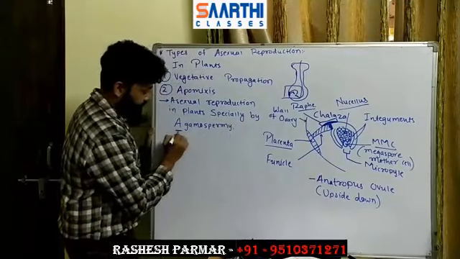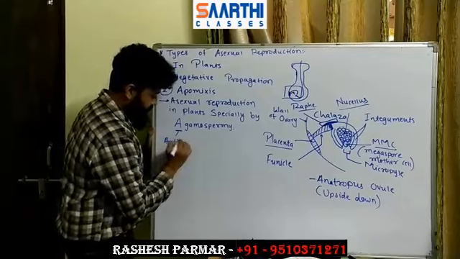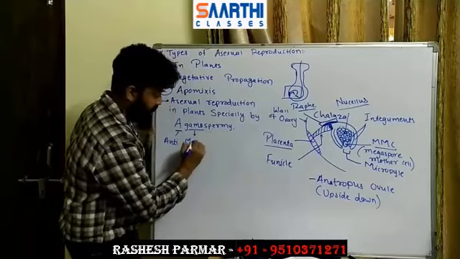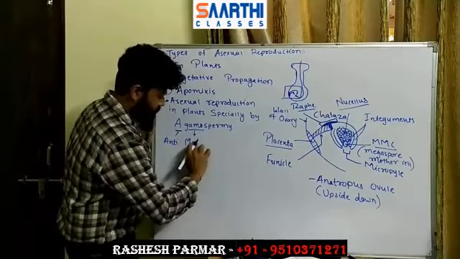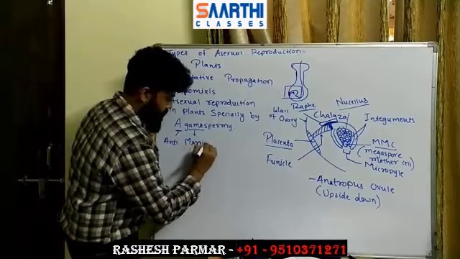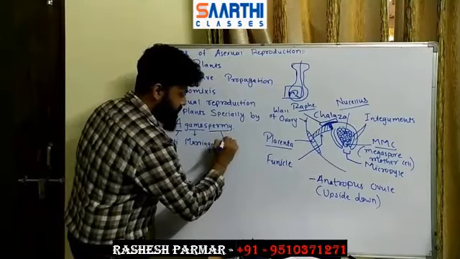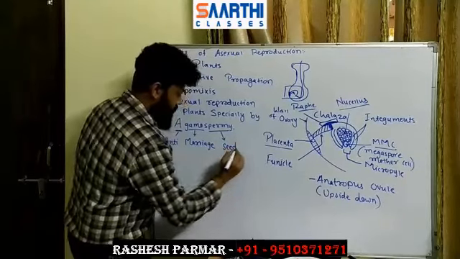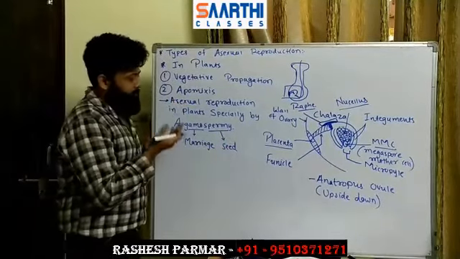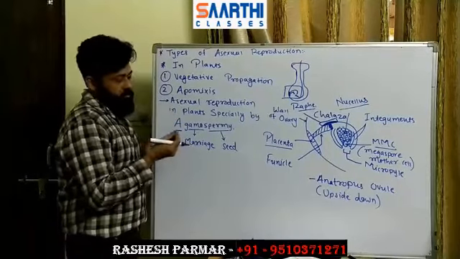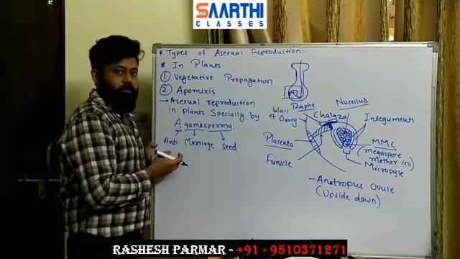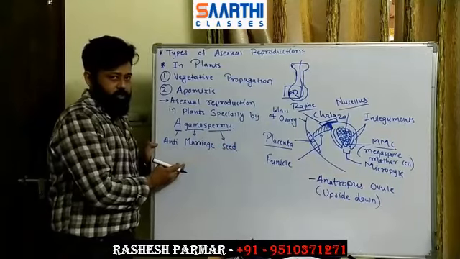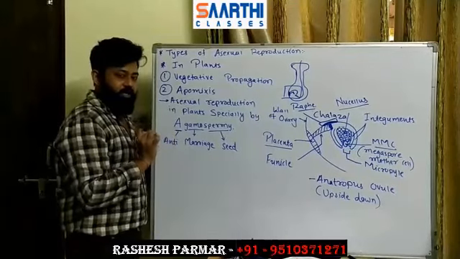Now 'a' means without, 'gamo' means marriage in Greek, and 'spermy' means seed. So agamospermy means formation of seed without sexual reproduction.